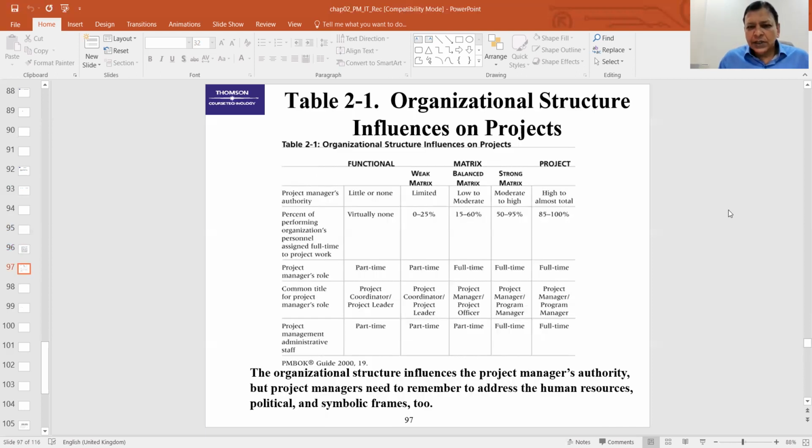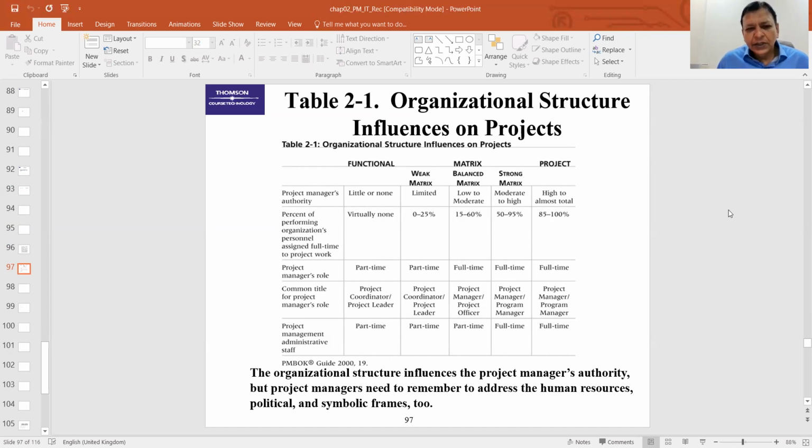The organizational structures influence projects. As per the table, we look at project manager authority in the functional, matrix, and project structures. In functional, it's virtually none. In matrix-based, we have weak matrix, balanced matrix, and strong matrix: limited in weak, low to moderate in balanced, moderate to high in strong. In the project-based structure, the authority of the project manager is very high, or he is fully in charge.